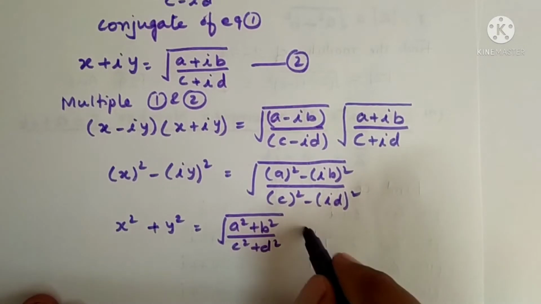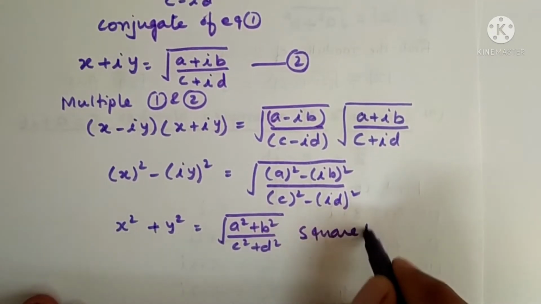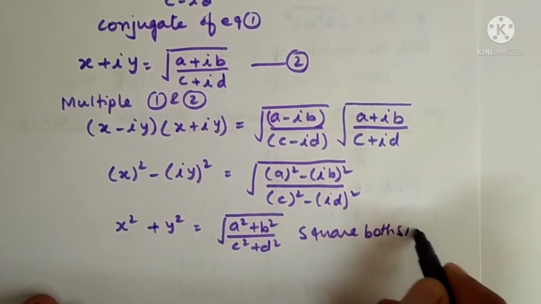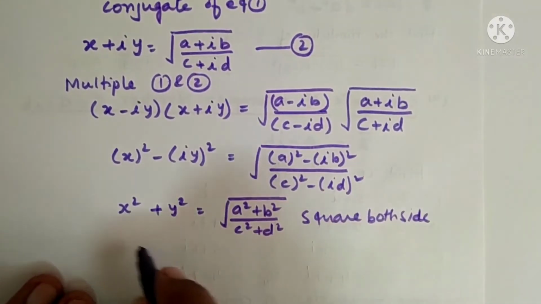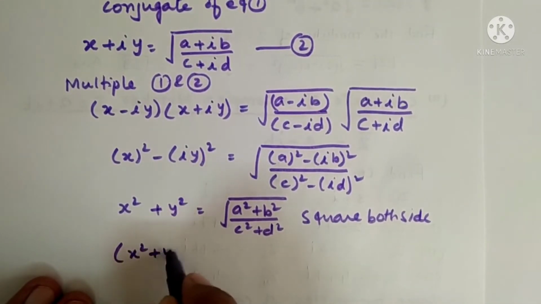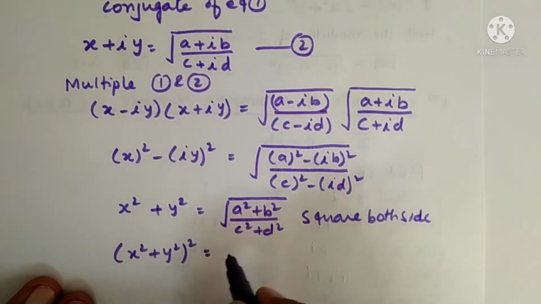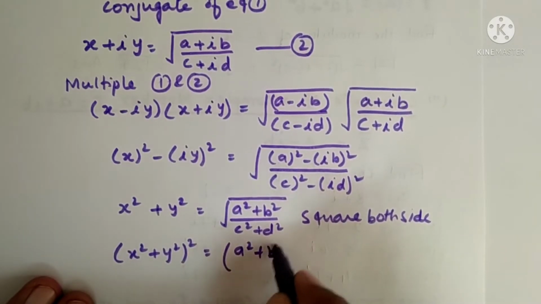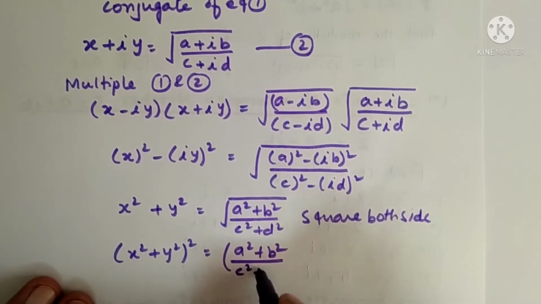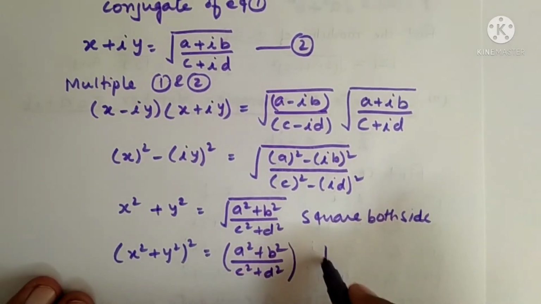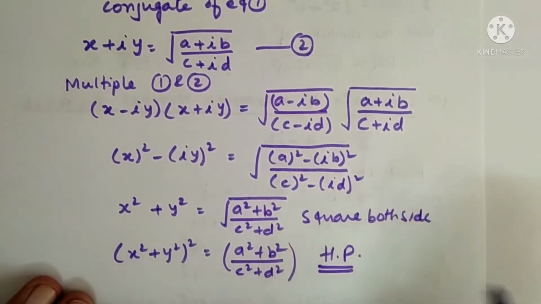Now we square both sides. When we square both sides, we will get x square plus y square whole square, and this is equal to a square plus b square upon c square plus d square. This only we have to prove, so you can write hence proved.